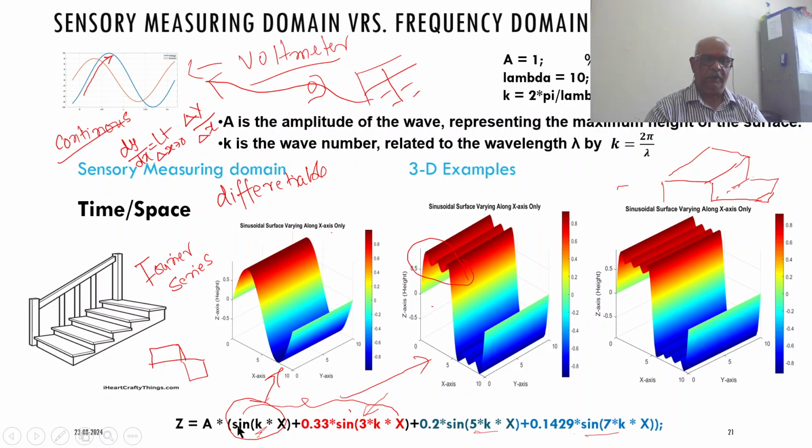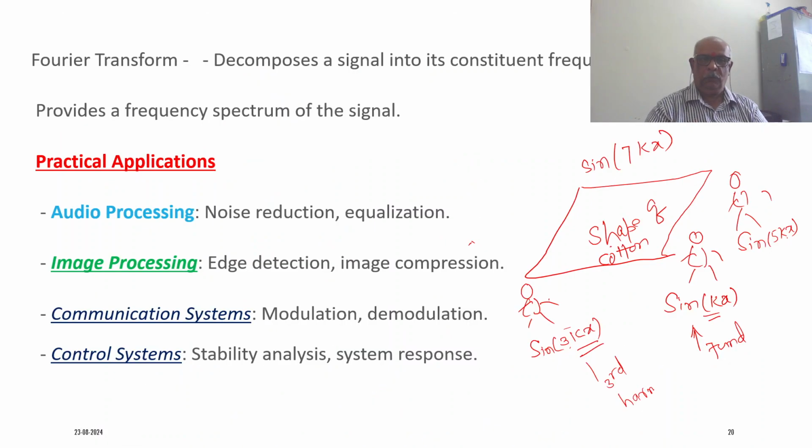This is the fundamental, multiplied by A, this is 0.33, this is 0.2, this is 0.15 nearly. So the amplitudes are also not the same. What I mean to say is this guy is putting in a huge amount of effort. This is doing only 1/3, this is doing 1/5, this is doing 1/7. So the forces being exerted are not equal, and that's another big problem.